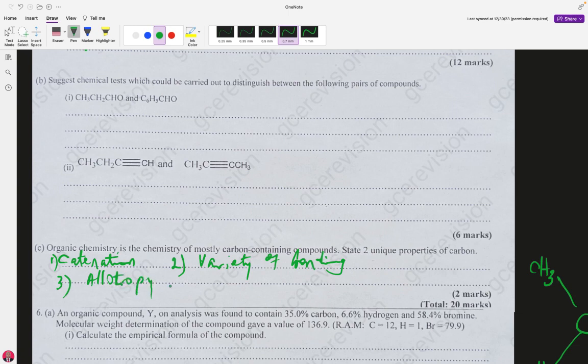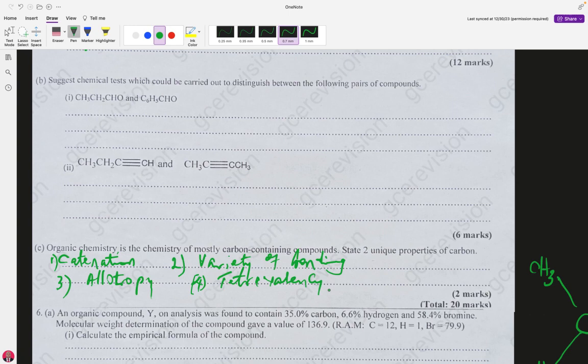That is another unique property of carbon. And number four, tetravalency. So carbon has four unique properties. We call them catenation, formation of a variety of bonds, allotropy, and tetravalency.